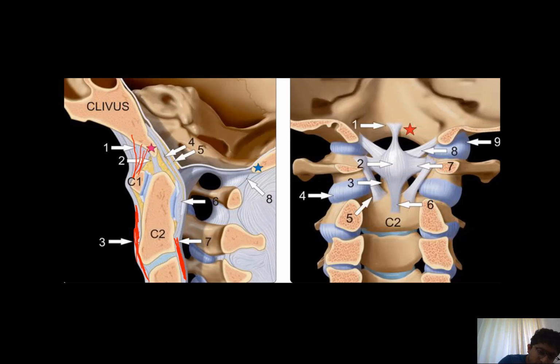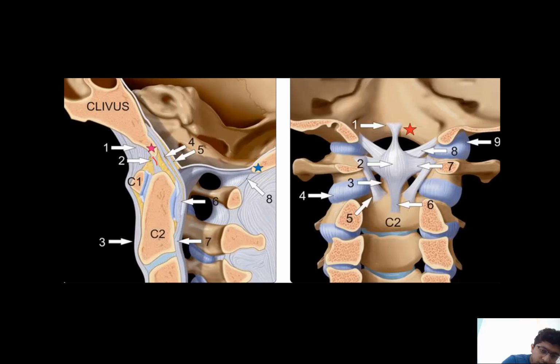It is called the anterior atlanto-occipital membrane. Also we have posteriorly the posterior atlanto-occipital membrane extending from the occiput till the dorsal arch. So we know now the anterior longitudinal ligament, posterior longitudinal ligament, anterior atlanto-occipital membrane, posterior atlanto-occipital membrane.